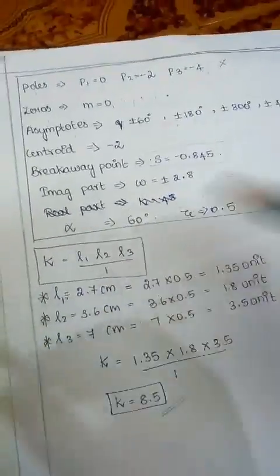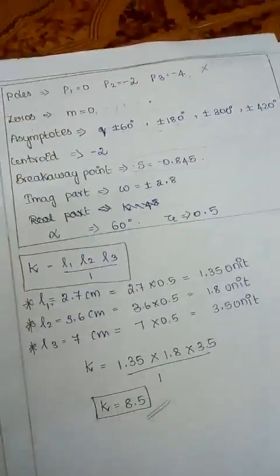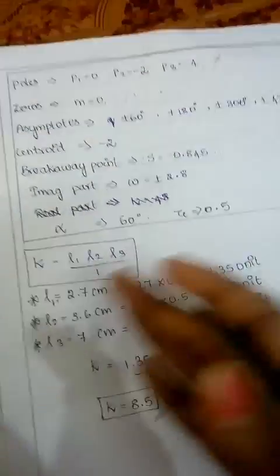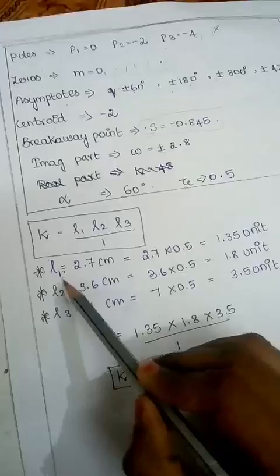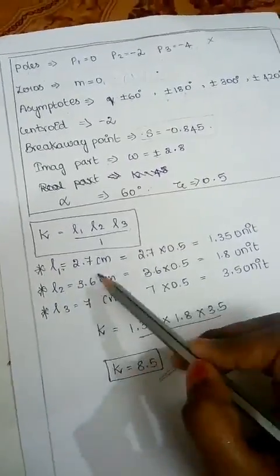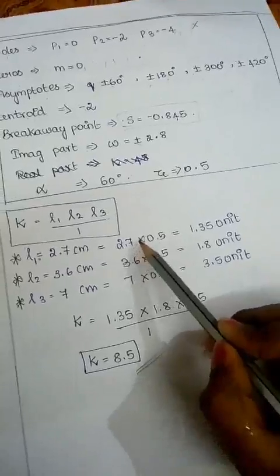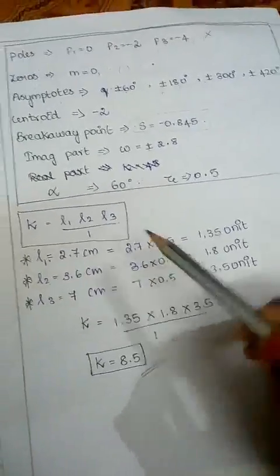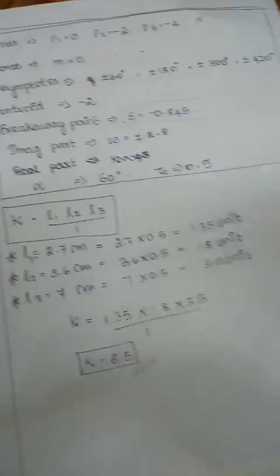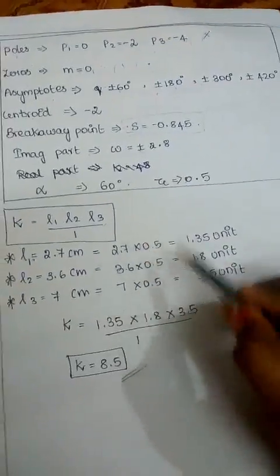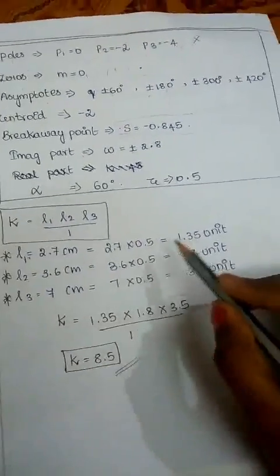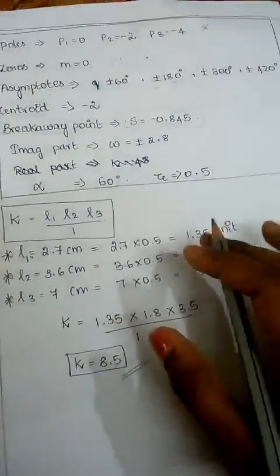The K formula is K equal to L1 L2 L3 by 1. We already know L1, L2, L3 by using the graph. We drew that, and we know the damping ratio is in our question, so I'll multiply by the damping ratio. That's why we get the proper unit.